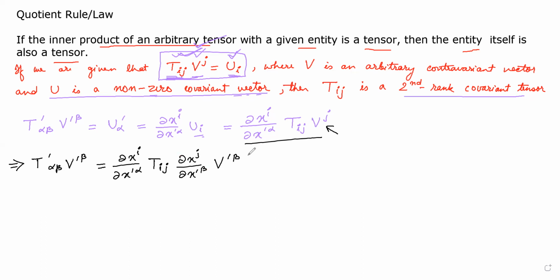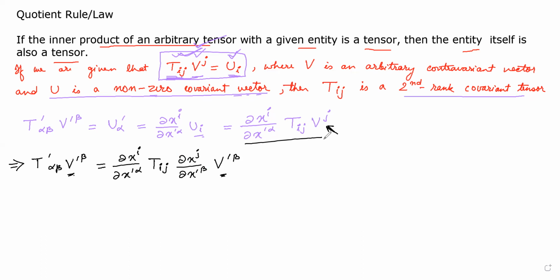This is the transformation rule for Vj. Why are we taking the transformation rule for Vj? Because I have V prime beta on the left hand side, so I also want V prime beta on the right hand side. And if I want the component of V in the prime frame, I take the transformation of V from the unprime frame to the prime frame.